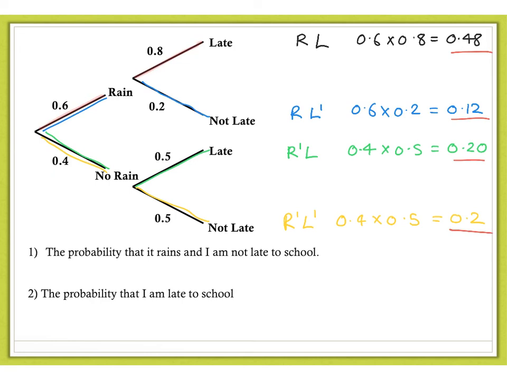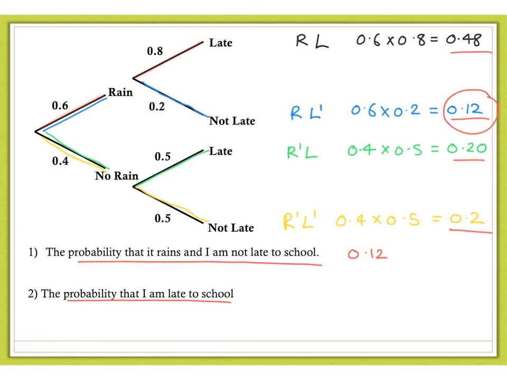So let's find the probability that it rains and I am not late to school. So we want it to rain and not be late. So we're looking at the probability of 0.12. The probability that I am late to school. So we need to find all the branches that end up with being late to school and highlight those. So let's find them.